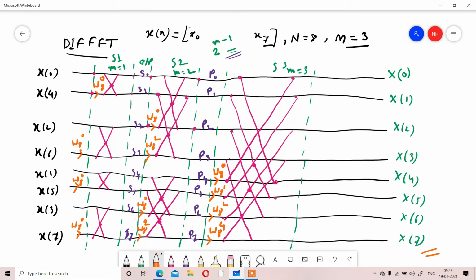W8 to the power 2 is W4. How? Whatever you are saying, for space, yes, we can do that, but you cannot write it here.